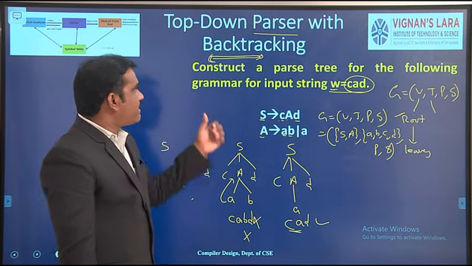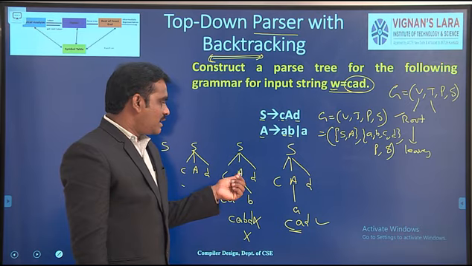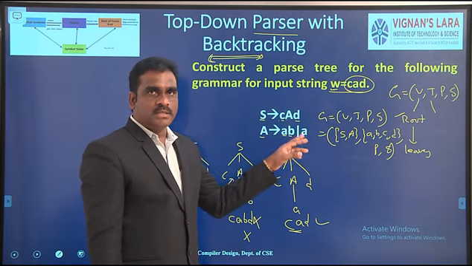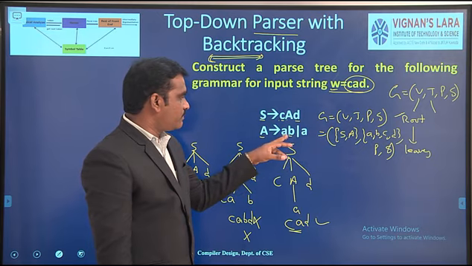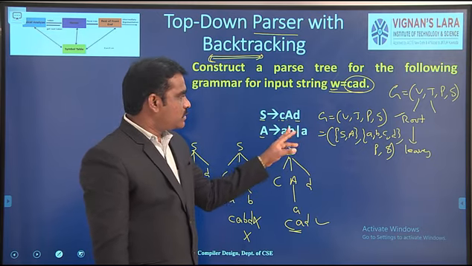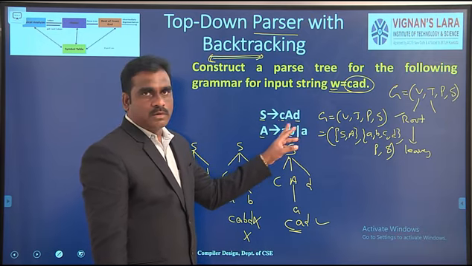So backtracking means nothing but this. Suppose any particular non-terminal symbol has more than one production. At that time sometimes we may choose this option or sometimes that option. Out of these two, only one option is the correct one, the remaining option is the wrong one.